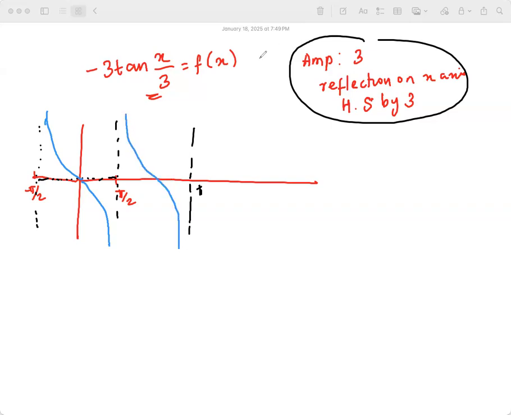However, wait, we have to plot the graph, I cannot draw these that quickly. Amplitude is 3, correct? So for the amplitude to be 3, and a horizontal stretch by 3, those need to be accounted for, correct?